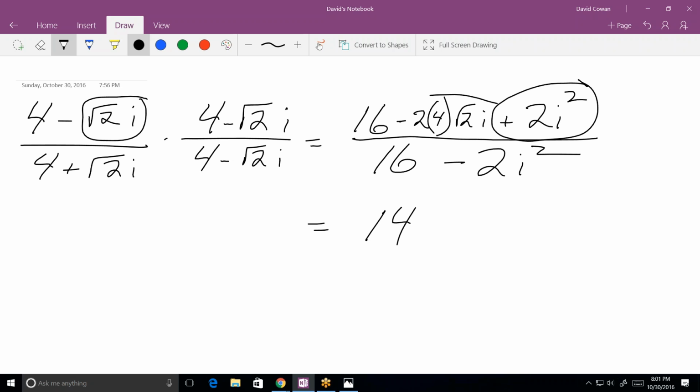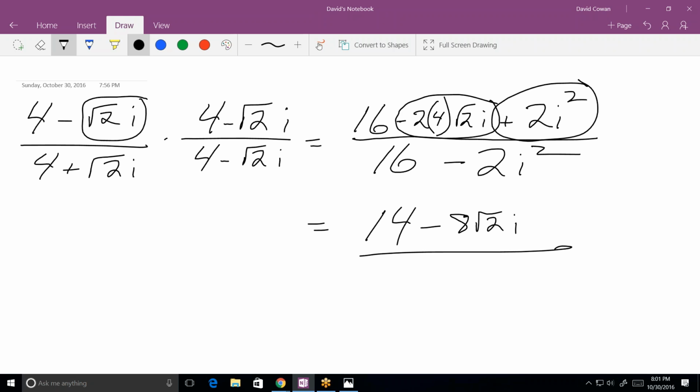Over... Hold on. You didn't give me that term. So that'd be negative 8 times the square root of 2i? Just like that. Okay. The bottom, it becomes what?